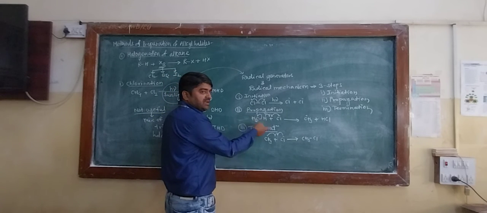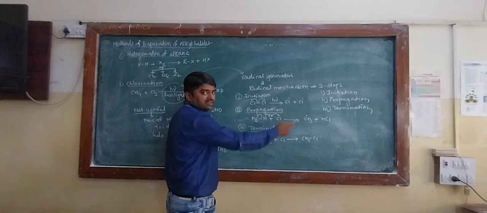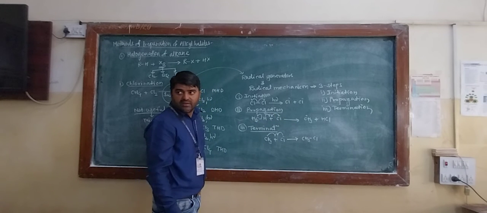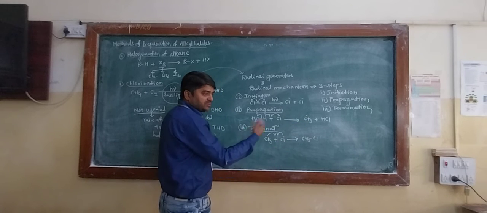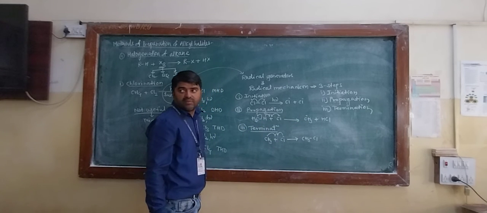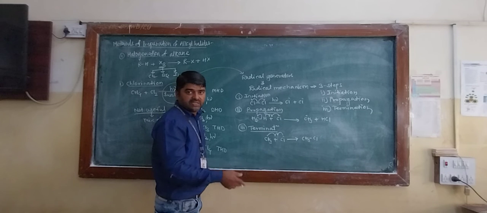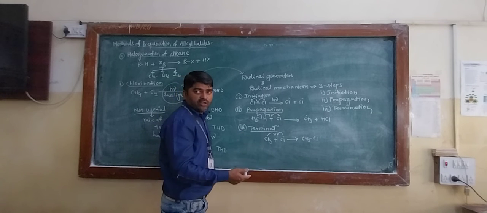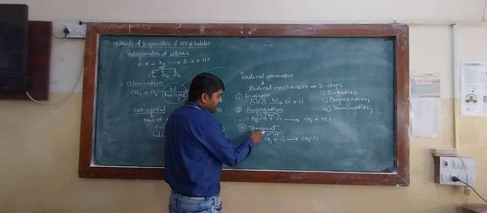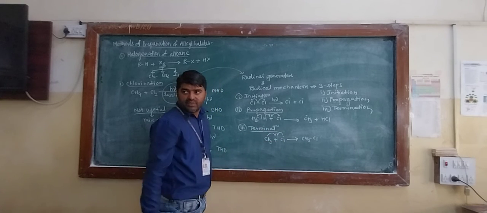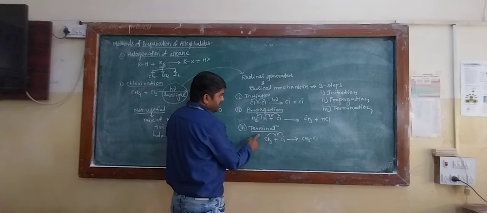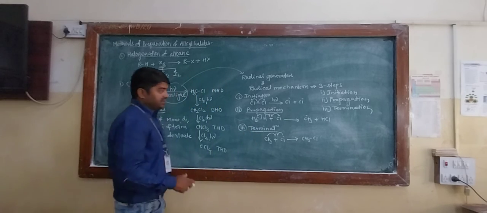In the propagation, at the left hand side you have a radical, and the right hand side also you have a radical. Take care. So this radical again combines with another radical or a neutral species, forming a neutral molecule or a new radical. And in the termination step, different radicals combine to give the neutral molecule. This is called termination.